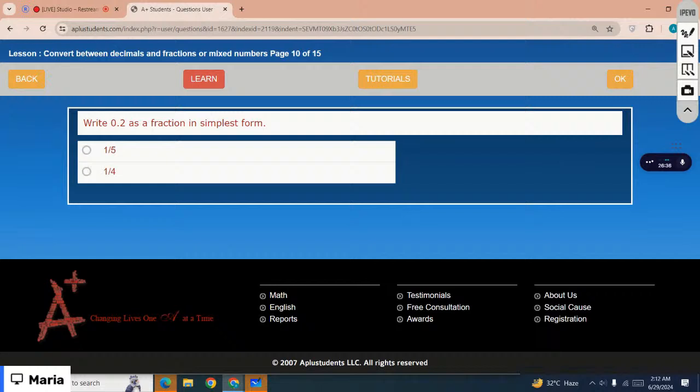So which is the correct option? That is 1 over 5. Option number 1 is the correct option.